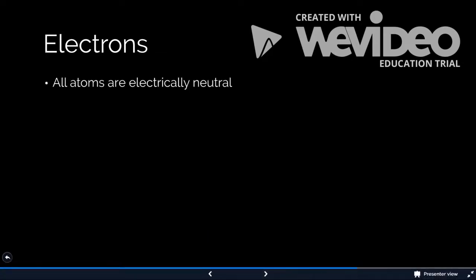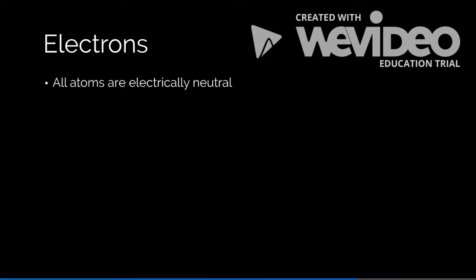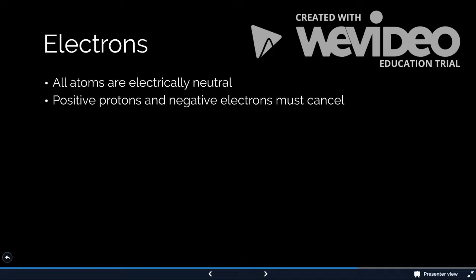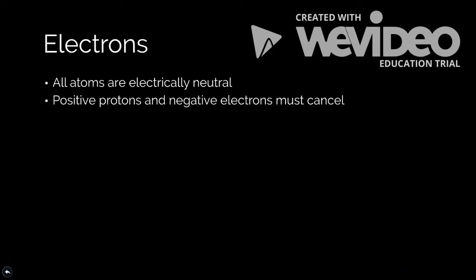Now let's go ahead and talk about electrons. What we know is that all atoms are electrically neutral, and this is because the number of positive protons will balance out with the negative electrons. Remember, these are both charged particles. Protons will have a charge of +1, and electrons will have a charge of -1.